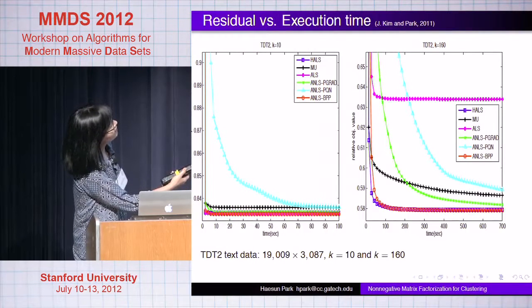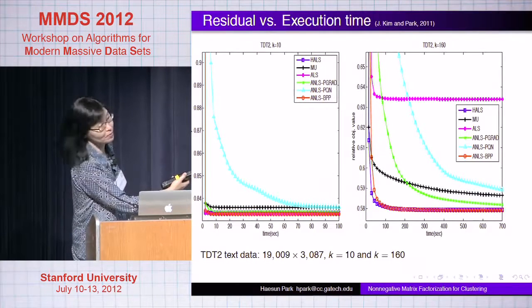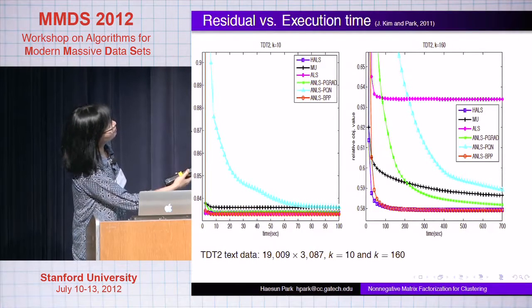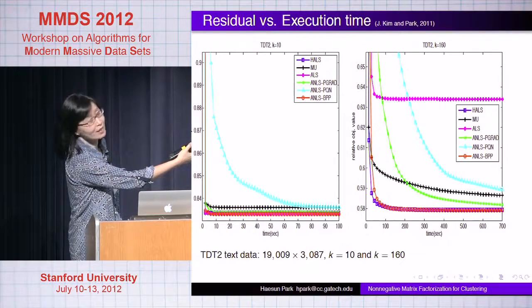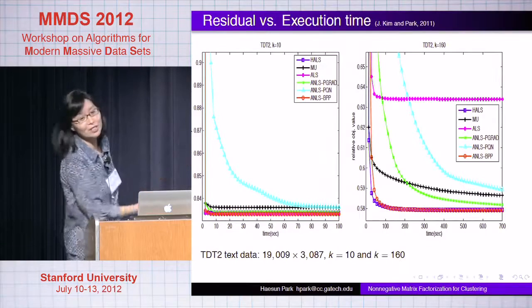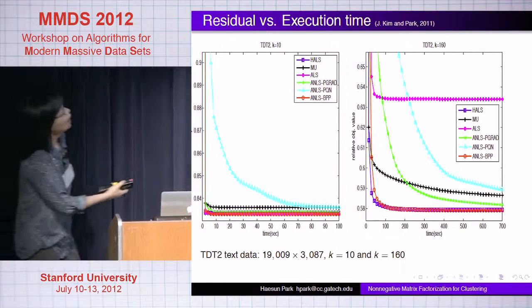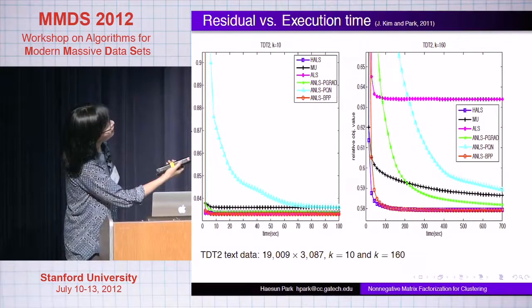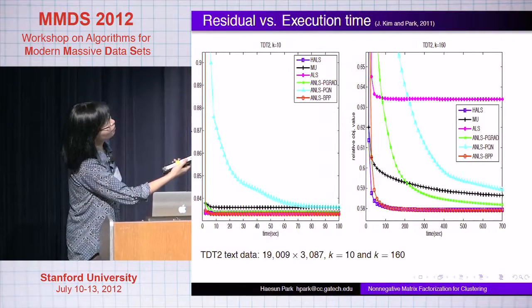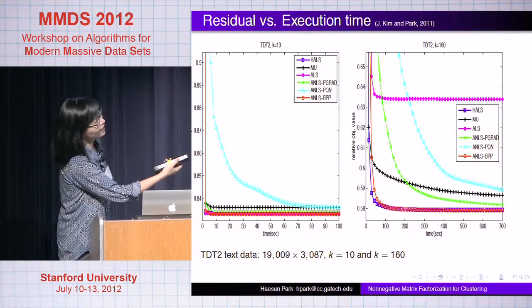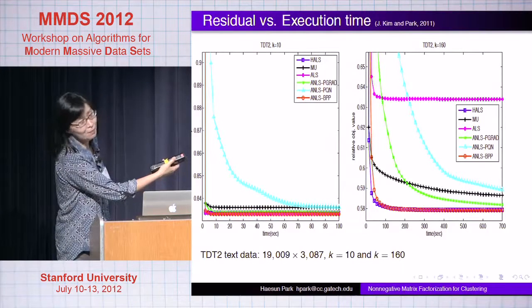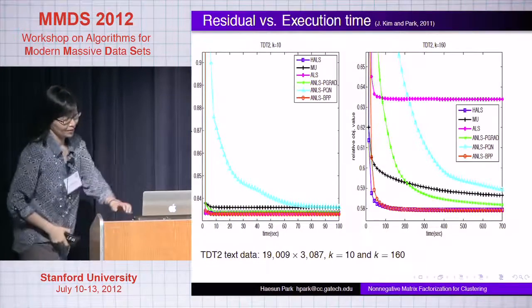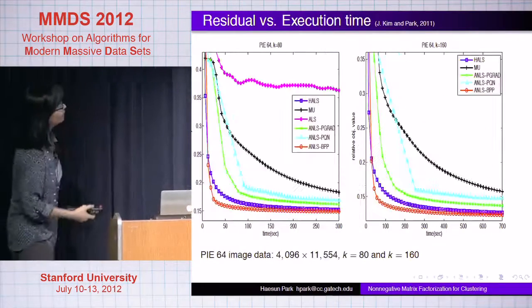So again, Hals and block principal pivoting, they did the best. And here's multiplicative updating, and then here's ALS. So that quick fix locally doesn't really help globally. By the way, I'm not showing you the active set-based method because compared to BPP, it's almost always slower. Anyway, their performances are pretty similar, so it's skipped on this slide.